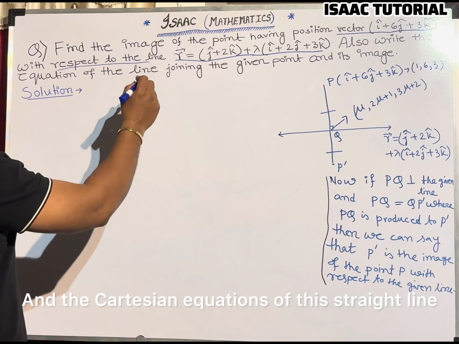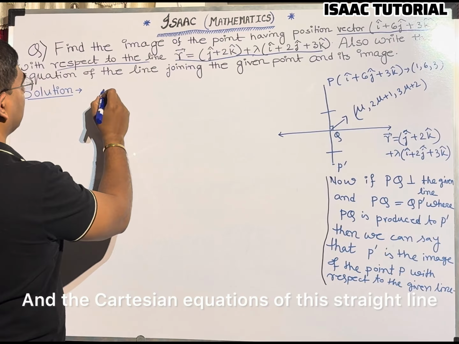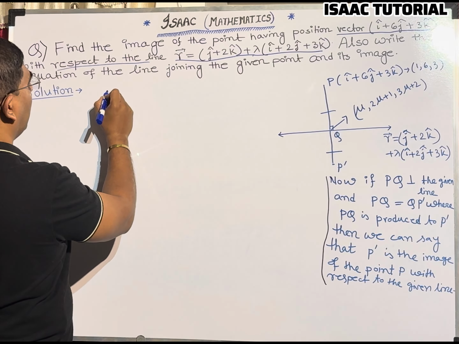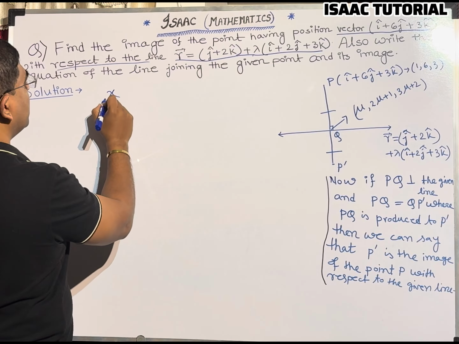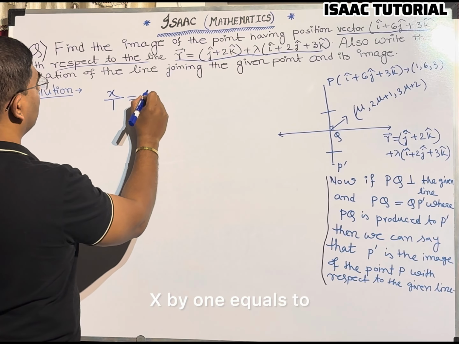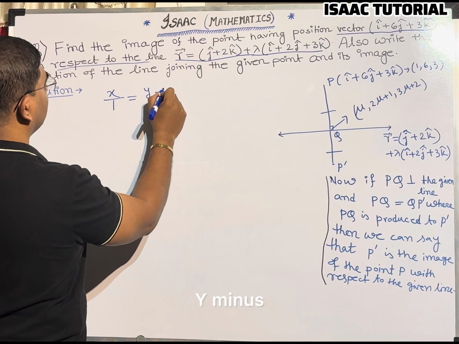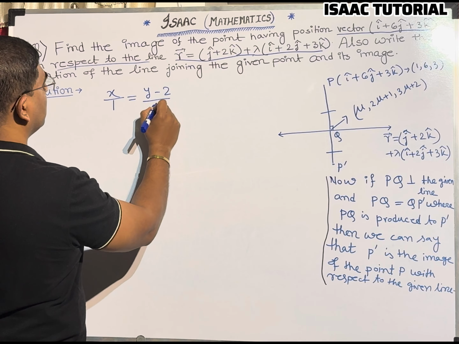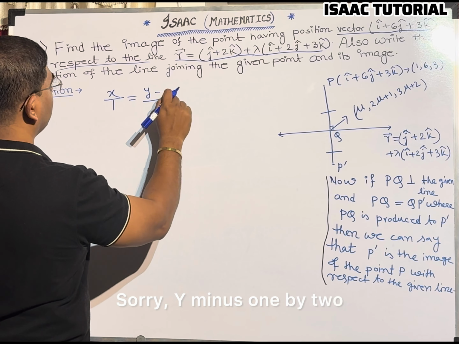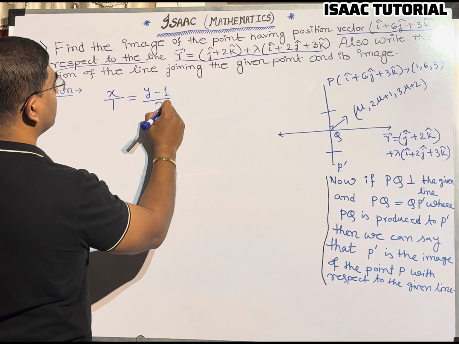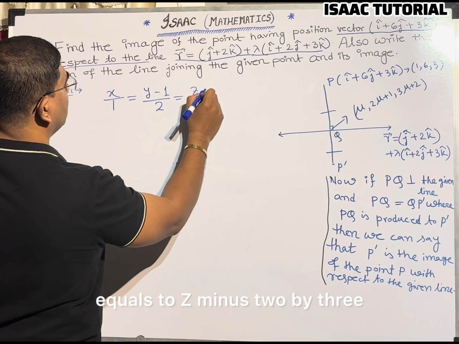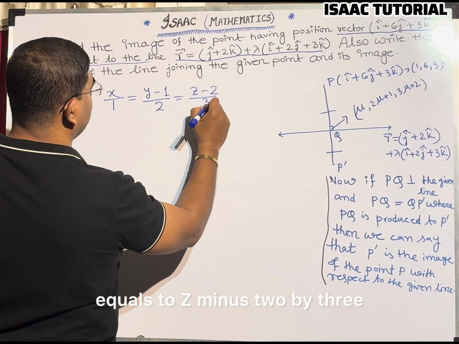Okay. And the Cartesian equations of the straight line are x by 1 equals y minus 1 by 2 equals z minus 2 by 3.